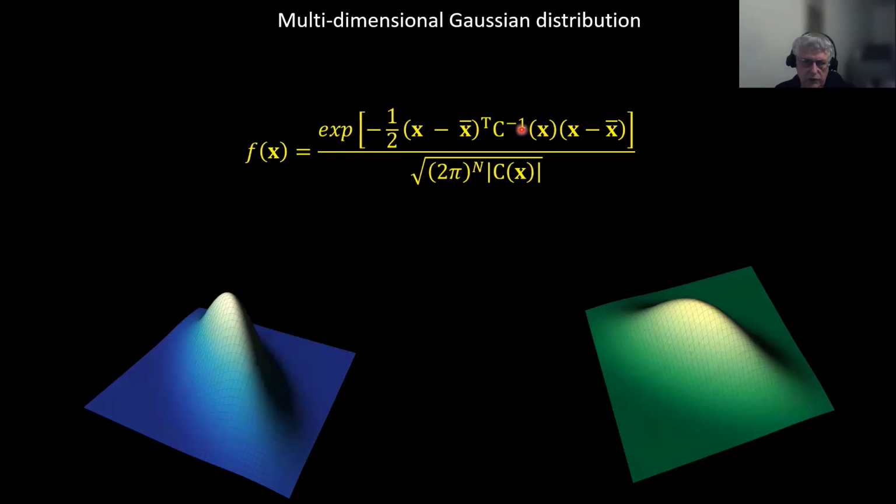Now, the inverse of a positive definite matrix is also positive definite. So the positive definiteness of CX gives us a guarantee that this exponent doesn't blow up. So all these things come together when we use that covariance matrix in part of the definition of the multivariate probability distribution.